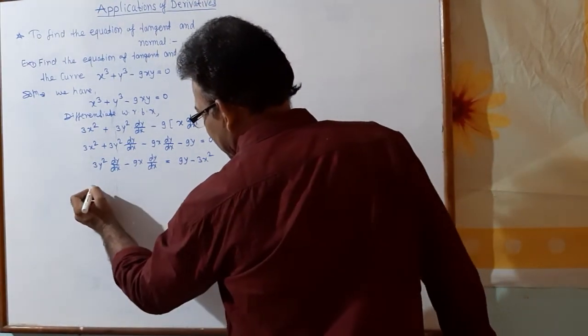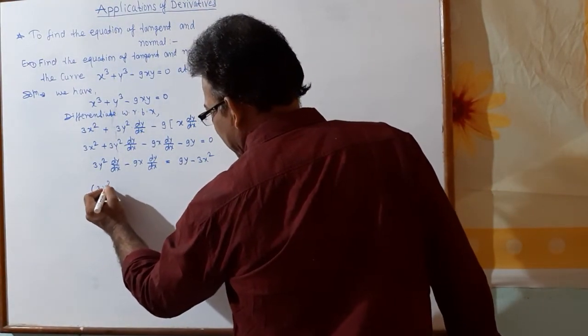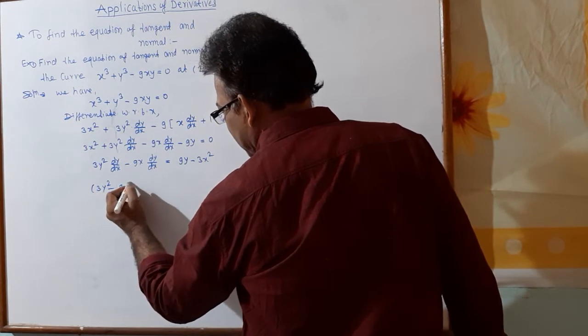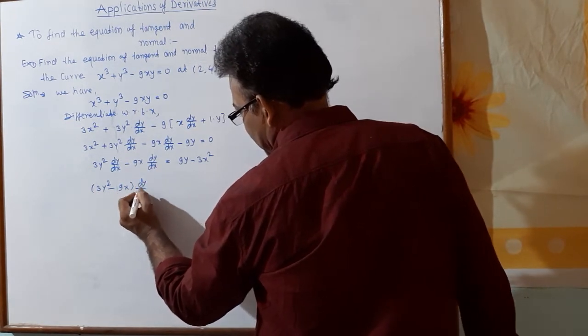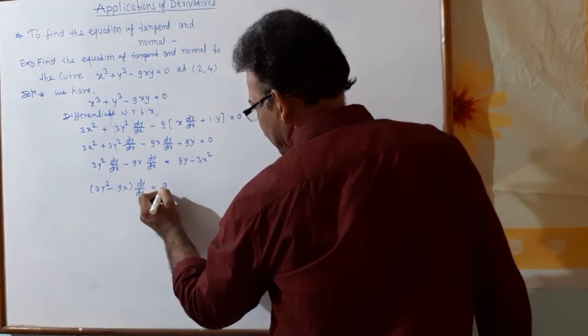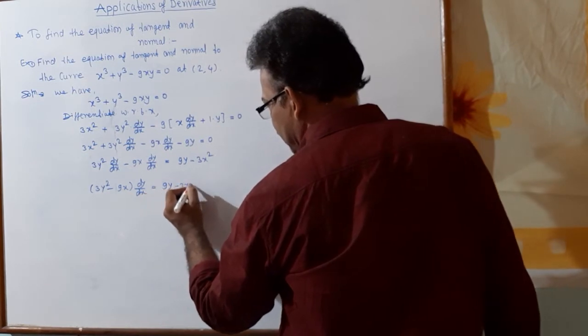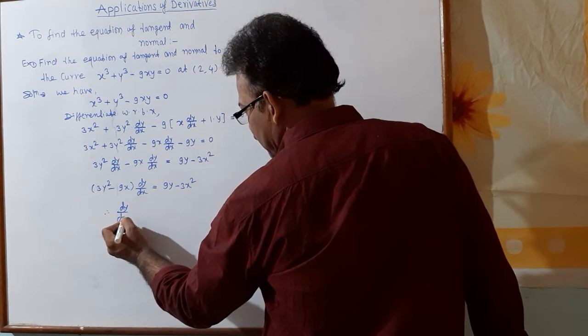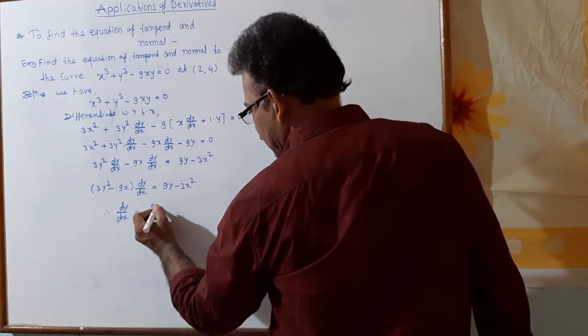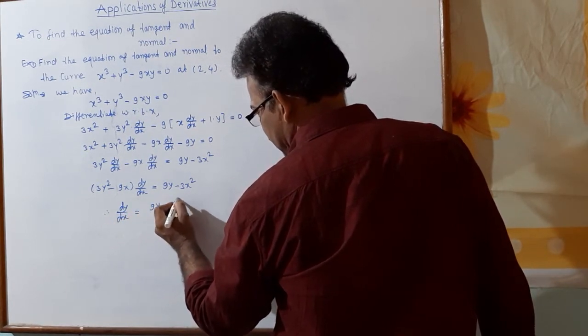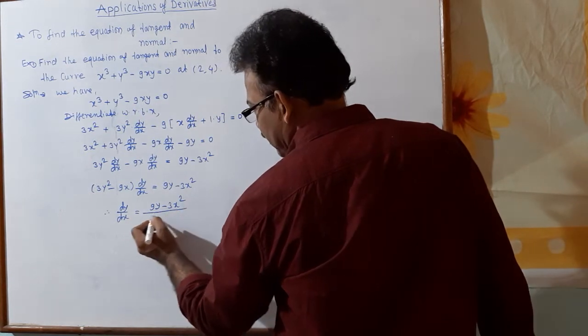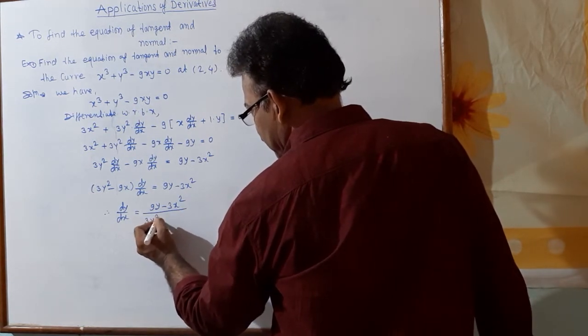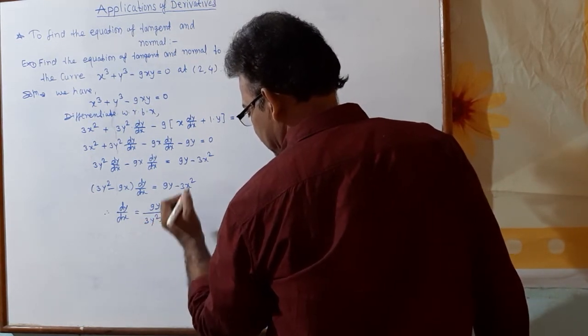Take dy by dx common in bracket: (3y square minus 9x) dy by dx equals 9y minus 3x square. Therefore we get dy by dx equals (9y minus 3x square) divided by (3y square minus 9x).